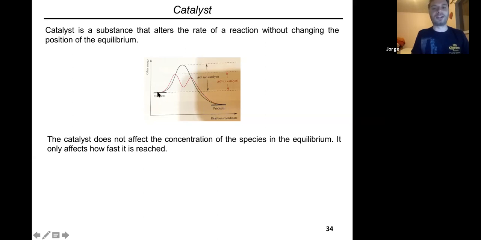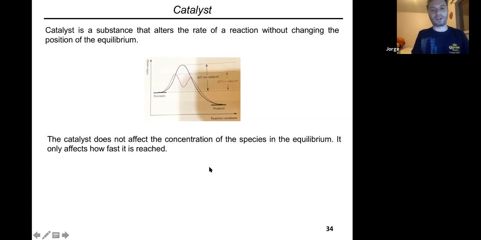The energy of the reactants and the products is the same in both cases, so there is no change in the energetics of reactants and products. However, the activation energy is much lower compared to the absence of the catalyst. And that's why a catalyst increases the rate of a reaction.